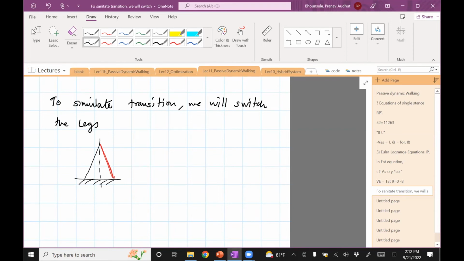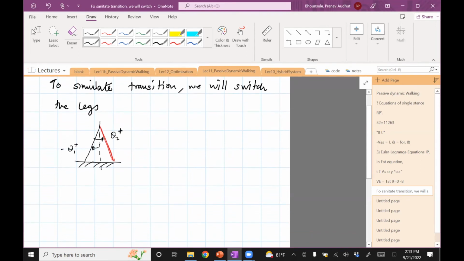So this is when, as I said, the red leg is always the swing leg. It has collided against the ground. And then this is the phase where we have θ1 positive, and this is θ2 positive. Okay, θ1 positive, by the way, is the same as θ1 negative.